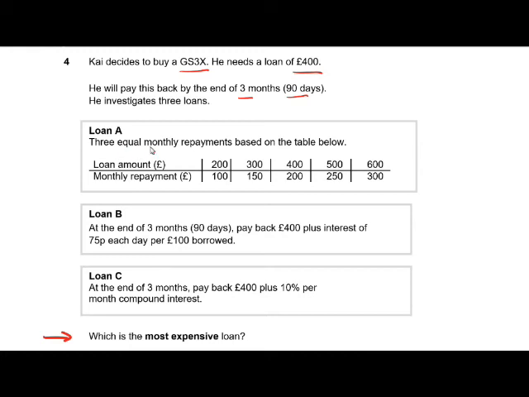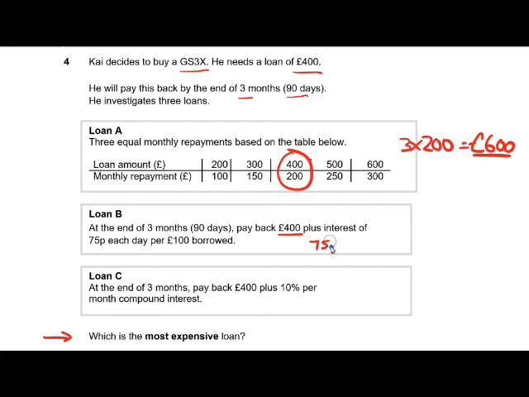Loan A says there are 3 equal monthly payments based on the table below. So the amount we're looking at is £400 and the monthly repayment is £200. So 3 months at £200 per month means he would repay £600 for loan A. Loan B says at the end of 3 months, pay back the £400 plus interest of 75 pence each day for each £100.